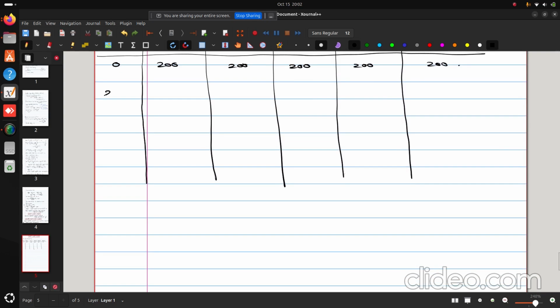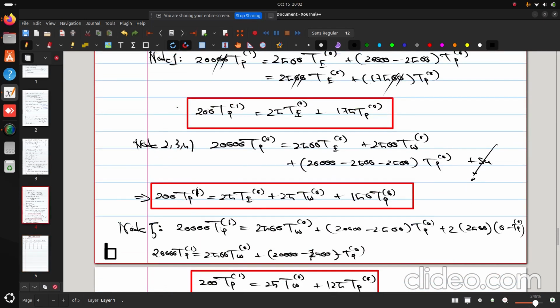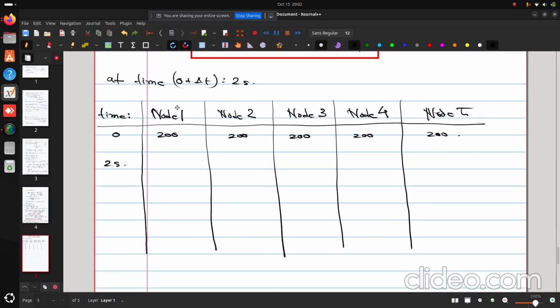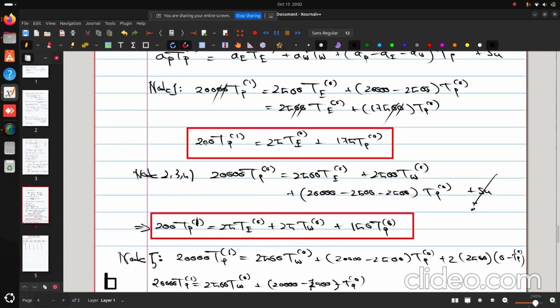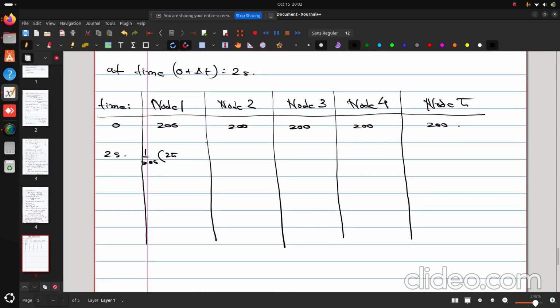At t equal to 2 seconds, for grid point 1, it will be 1 by 200 times 25 times 200 plus 175 times 200.